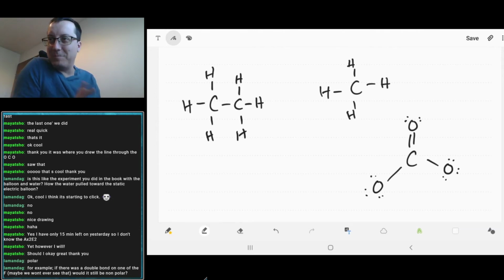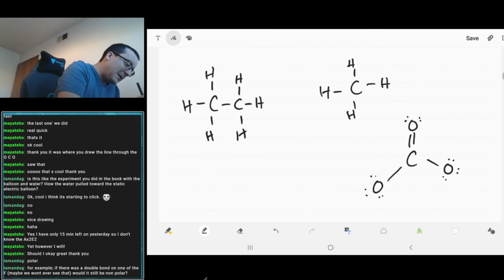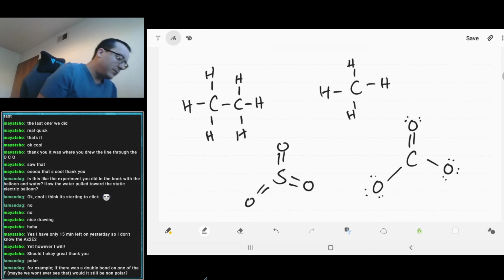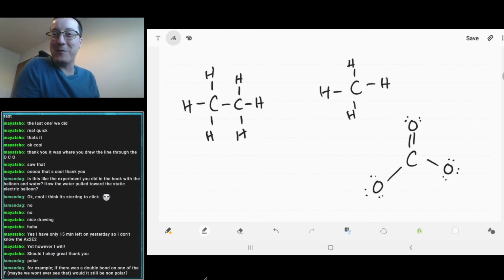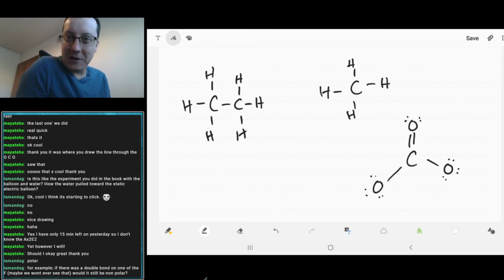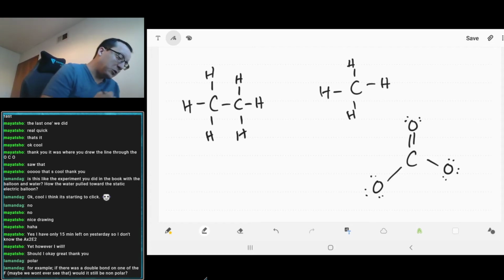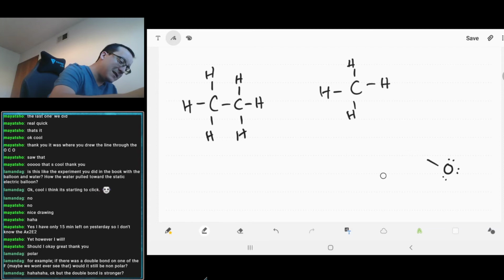But ignoring that, if we pretend that this didn't have a charge, okay, you know what? I'll do one more for you. I will give you a real molecule. Oh, but this has all double bonds. Oh, fine, forget it. It doesn't matter. We would still say nonpolar. Cool. I'm going to erase this because I don't want to bring ions into this mess.